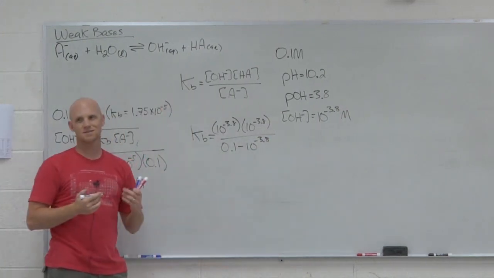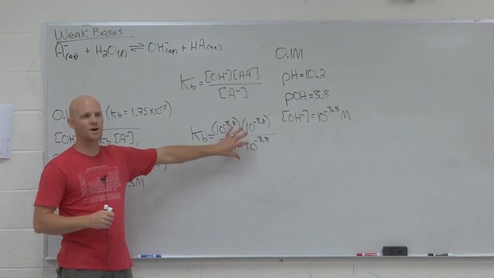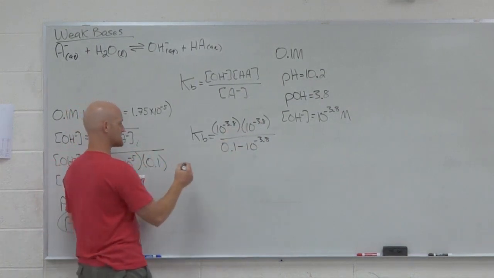But again, in this case, it's one of those ones that will be insignificant, but we don't avoid the quadratic by leaving it out, so we should probably just include it just in case. And can somebody get me a Kb?